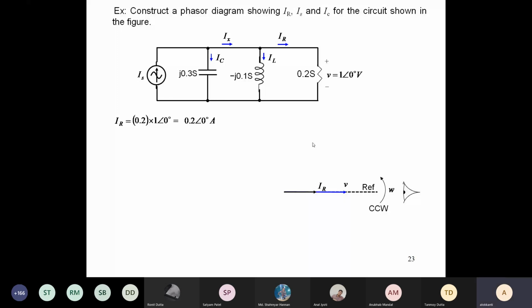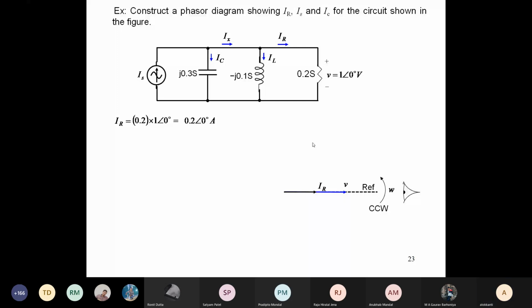Can you find out IL? Now across the inductor, what is the voltage? 1 volt, angle 0. So where will be the inductor current? 90 degrees behind the voltage. So minus 90 degrees. Find out the inductor current.